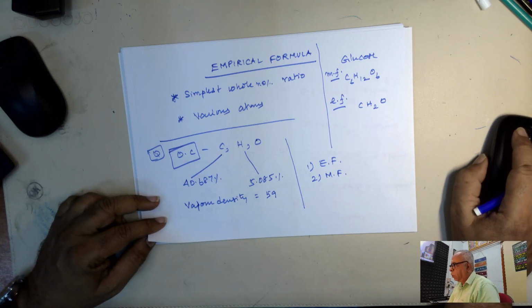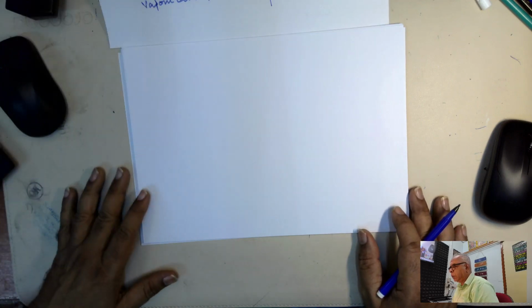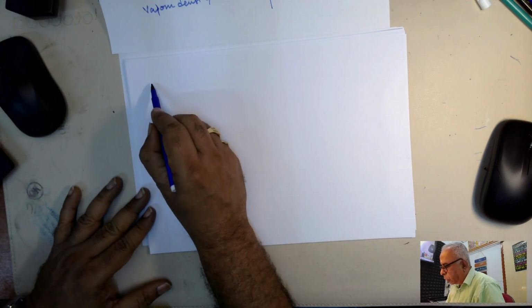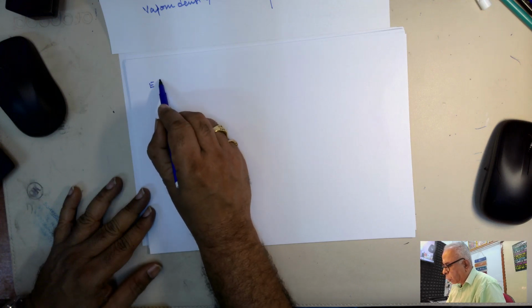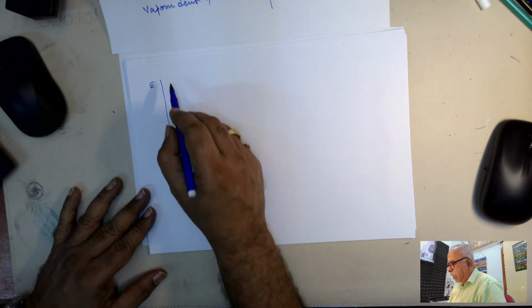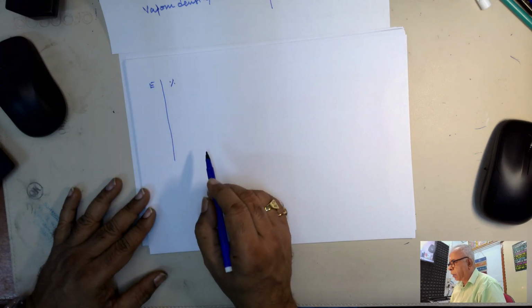Now, what you are supposed to do is draw a table. Put element in the first column and put its percentage weight.